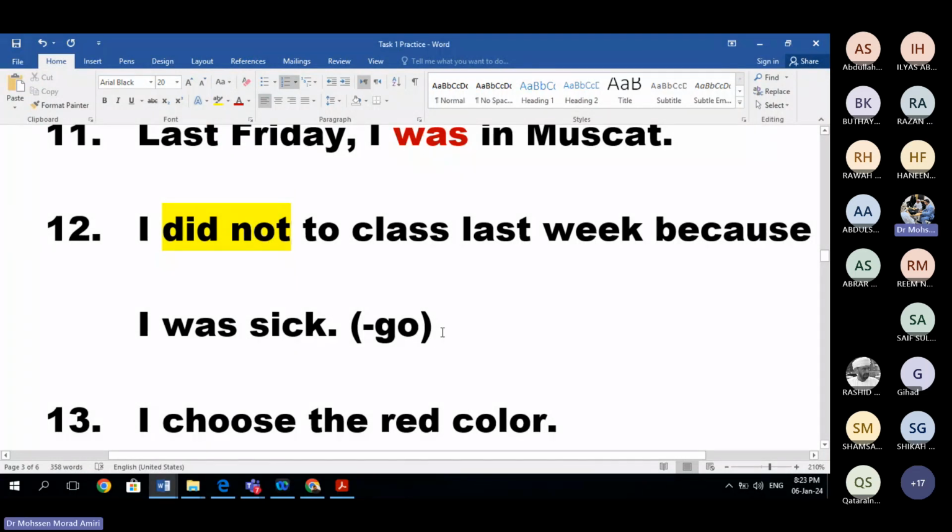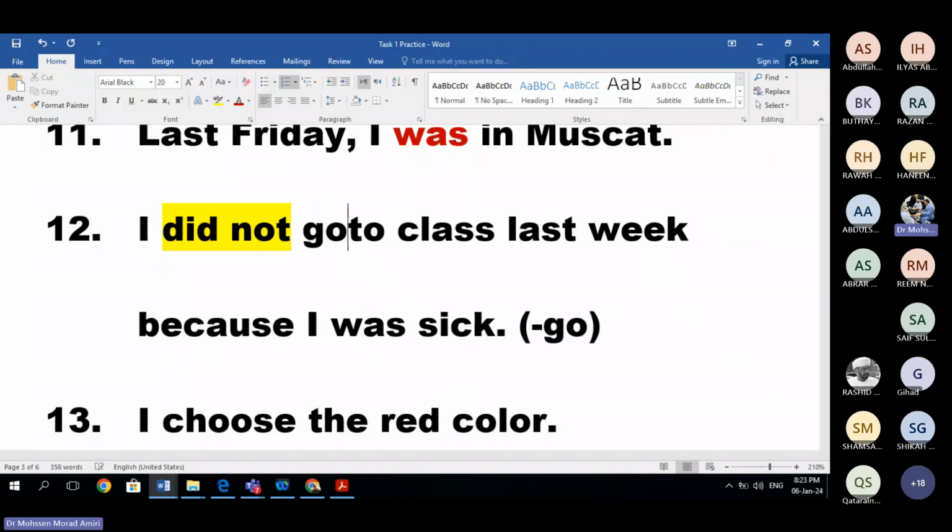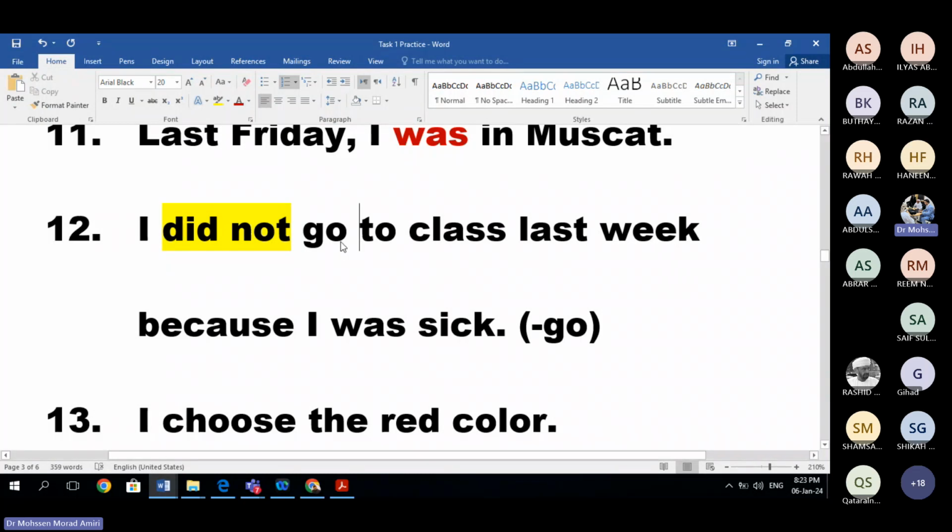So be careful about it. After I did not, should we say I did not went or I did not go? Go. Yes, the verb must be simple. You should not say I did not went. Good Shabab, be careful about this. Many students have problems in this part.